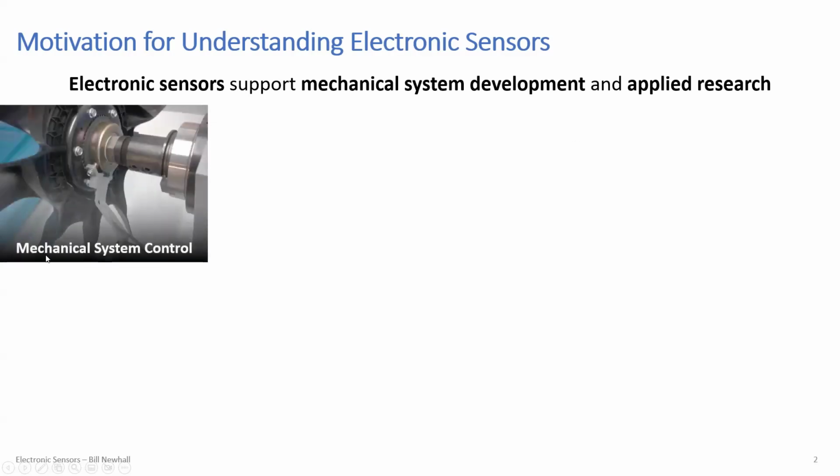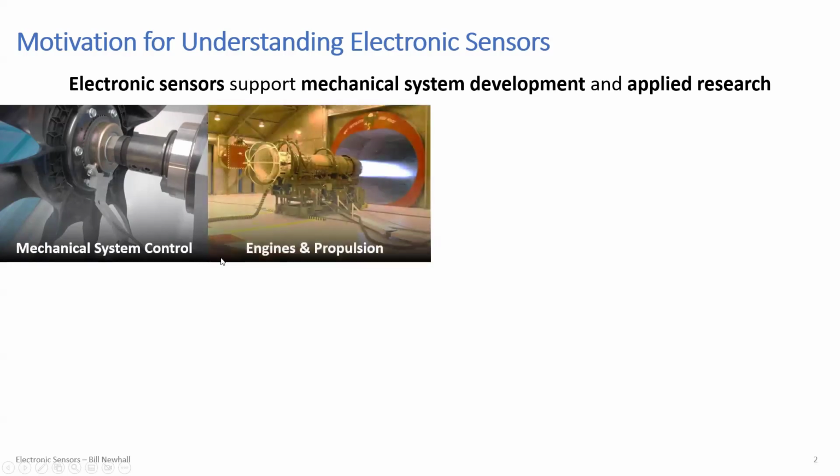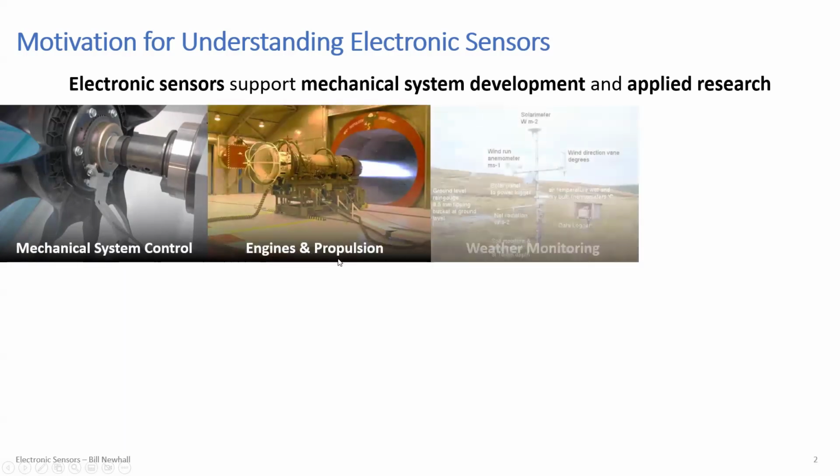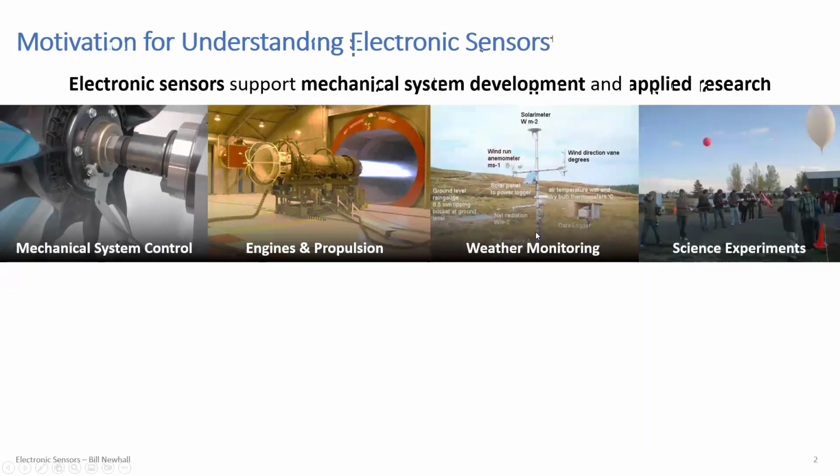So sensors are applied in mechanical system control, engines and propulsion, like weather monitoring, and every kind of experiment you could think of. So I mean, it's just a wide range of areas where sensors apply and where you might want to capture and log the physical behavior of products and projects.